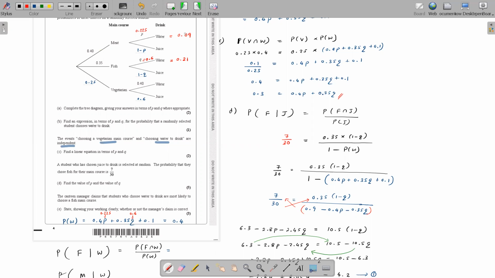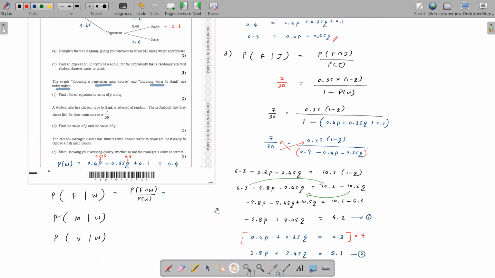Yeah. The next one, vegetarian and water. Actually, vegetarian and water, they said it's independent also. Anyway, we'll multiply and take. 0.25 into 0.4 is 0.1.